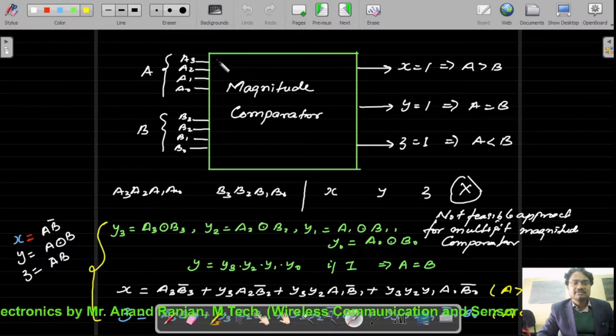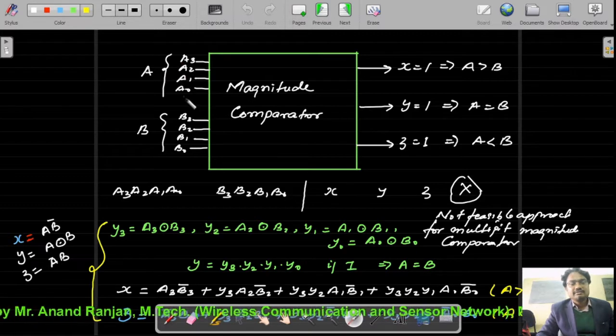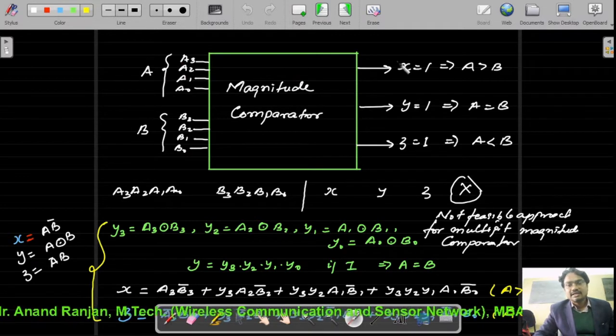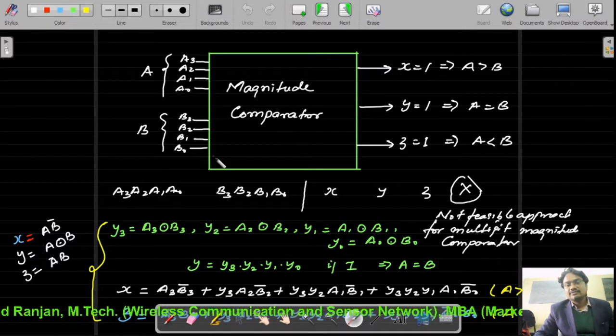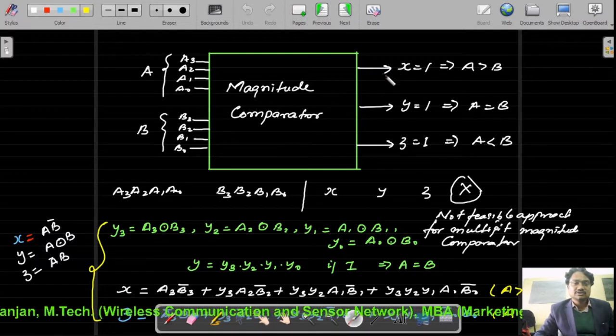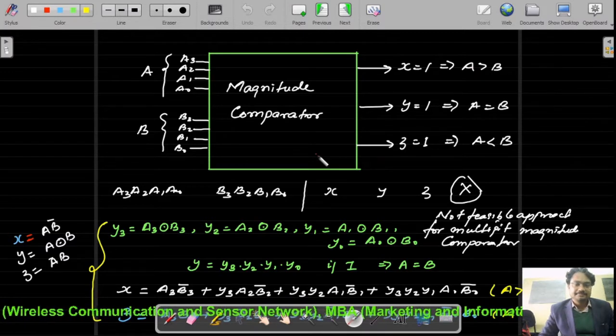This is the multi-bit magnitude comparator, in which a is a 4-bit number, b is again a 4-bit number, and the outputs x, y and z are the comparison results of these two numbers, where x is equal to 1, y is equal to 1 and z is equal to 1 signify a greater than b, a is equal to b, a less than b.